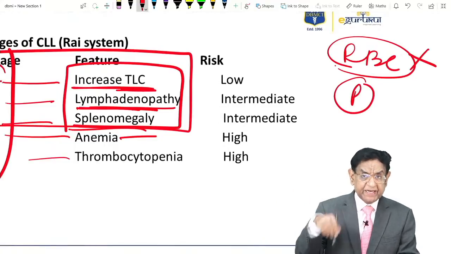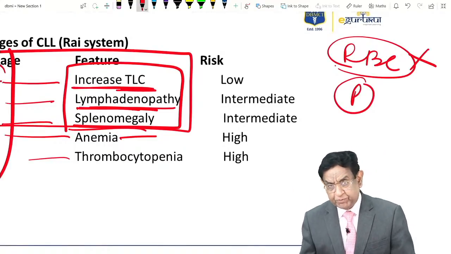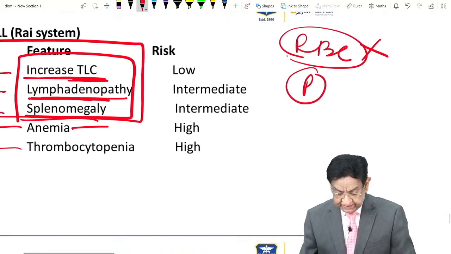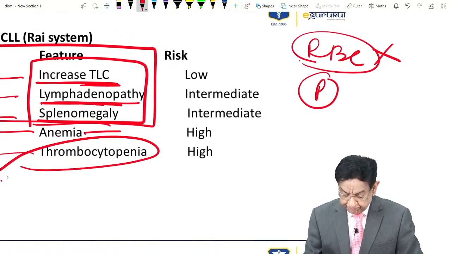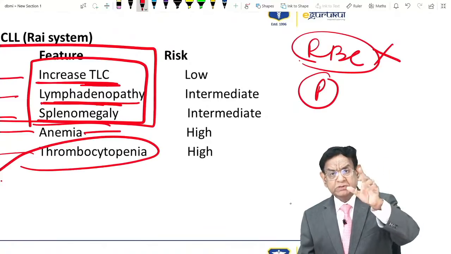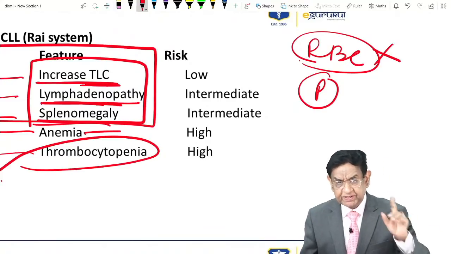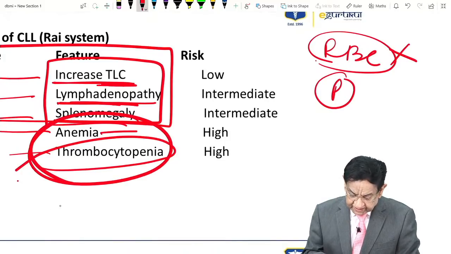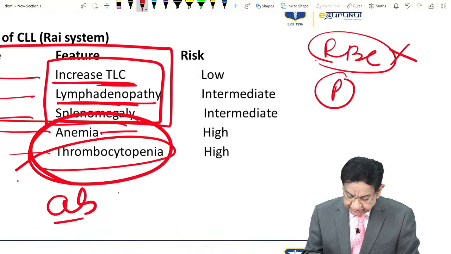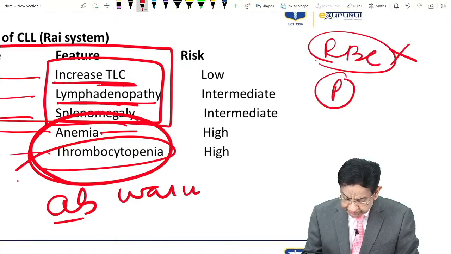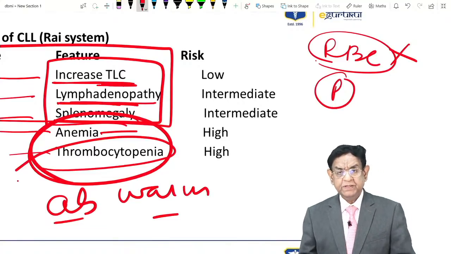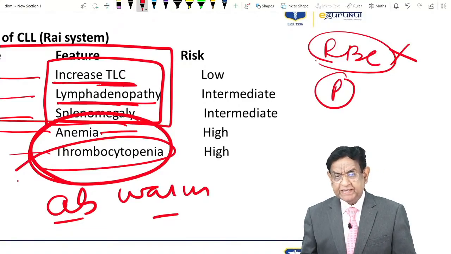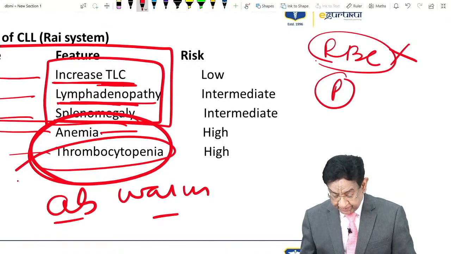Still later comes the antibody against the platelet, leading to thrombocytopenia. So thrombocytosis is not a feature, point number 1. Number 2, these two findings occur due to autoantibodies, which are warm autoantibodies. So now we are clear why they are going to produce warm hemolytic anemia.